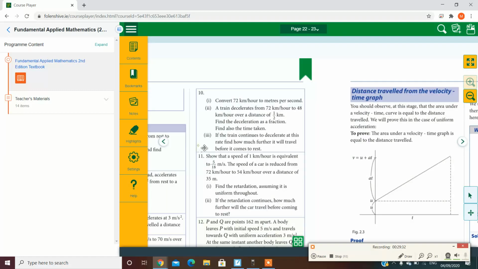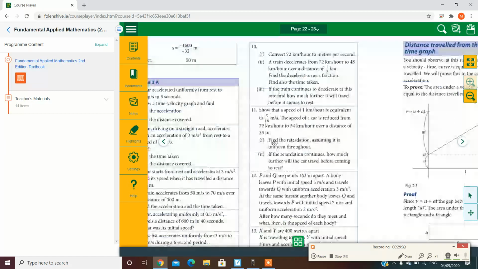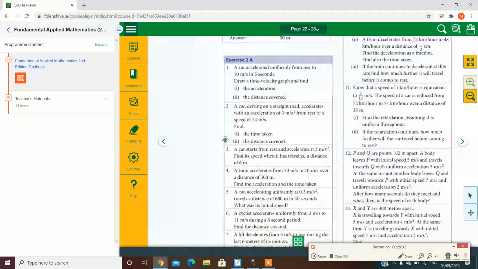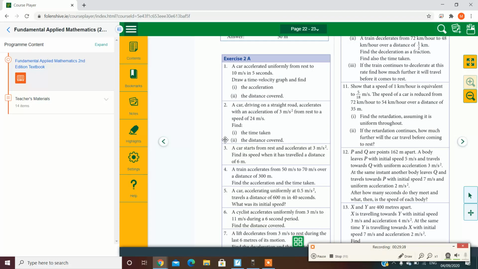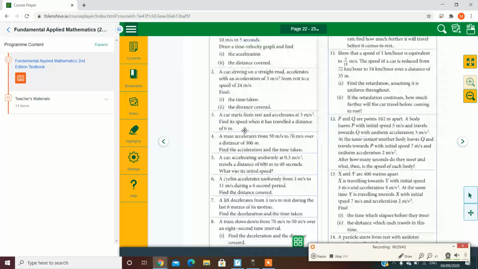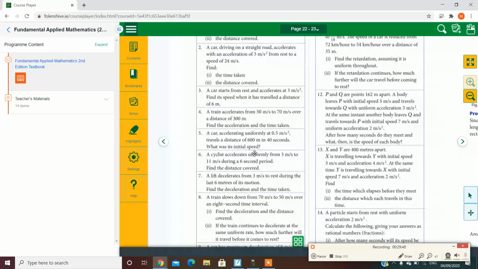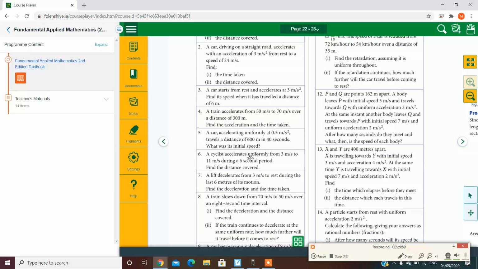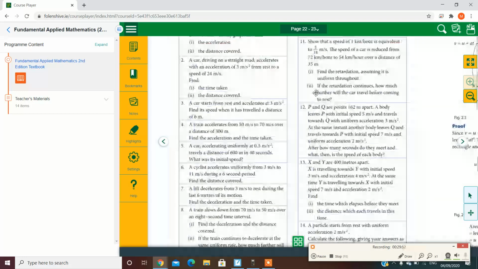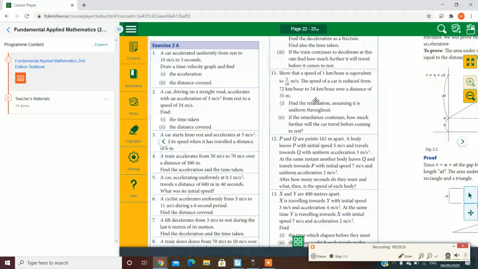All right, so what you should be able to do when you go home is try some of these questions. So I want you to try question 1, question 3, question 5, question 7, question 9. Oh, sorry, did I get question 9 there? I didn't.